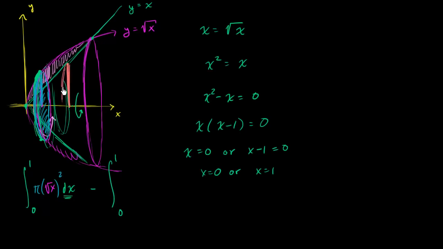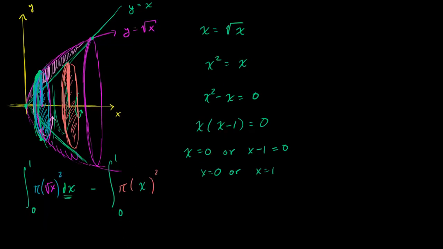So if I construct a disk on the inside, so now I'm carving out the cone part of it, what is the area of the face of one of those disks? Well, it's going to be pi times the radius squared. In this case, the radius is going to be equal to the value of this inner function, which is just x. So pi times, and so this is just y is equal to x.